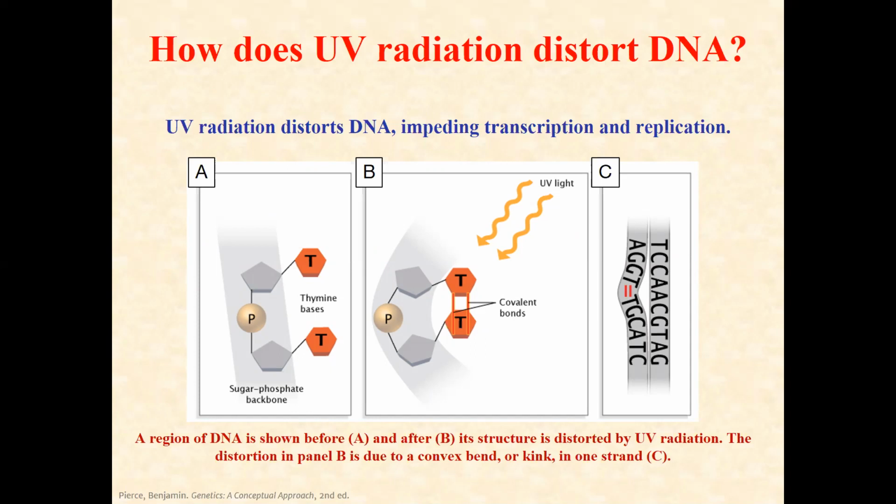UV-induced DNA damage is repaired through a process known as nucleotide excision repair. UV radiation-induced DNA damage and its proper repair through nucleotide excision repair will be our main focus in this model, and the repair mechanism will be explained in more detail in the following slides.